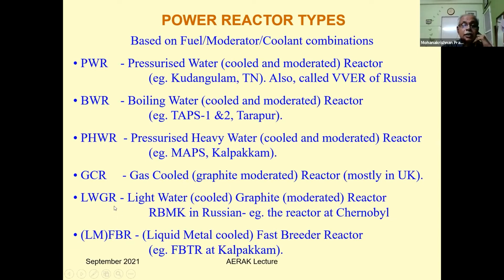Light water graphite reactor, you can say this is the reactor where the accident took place, the RBMK reactor, the Chernobyl reactor, which has water cooling and a graphite moderator. Here the accident took place because of inability to shut down the reactor.